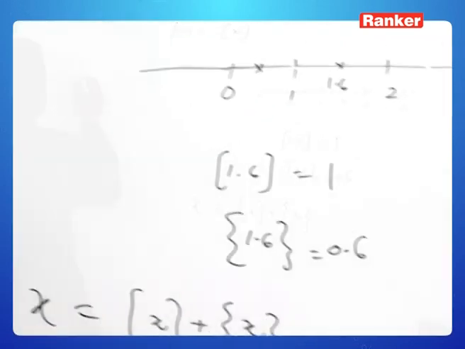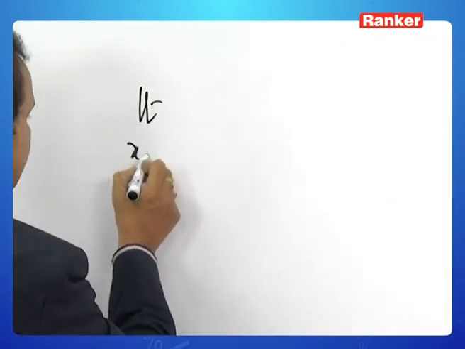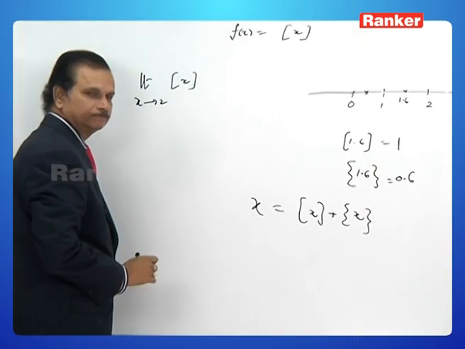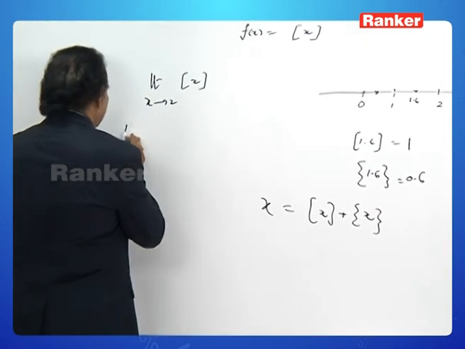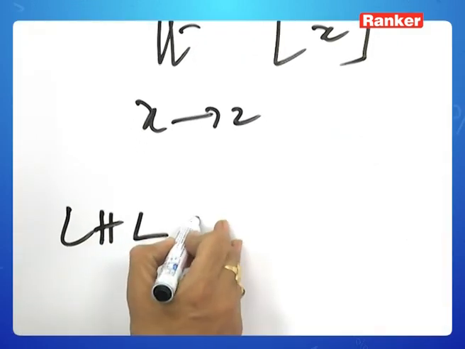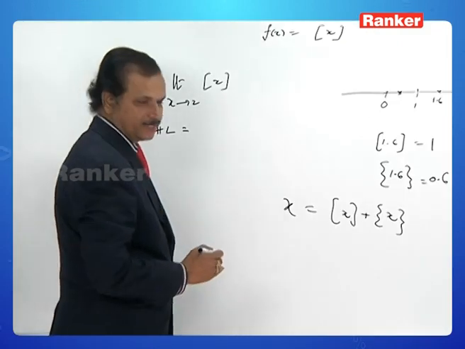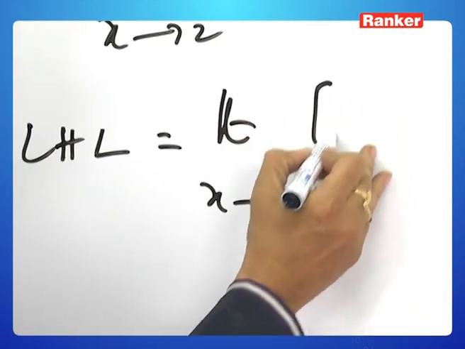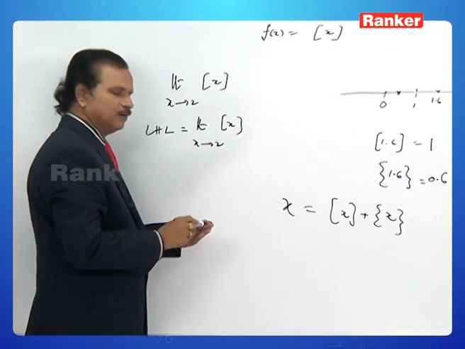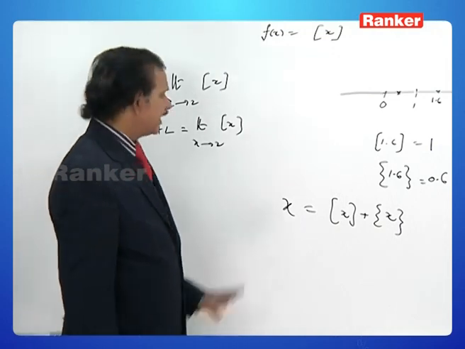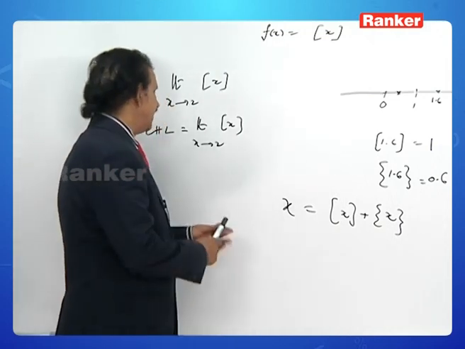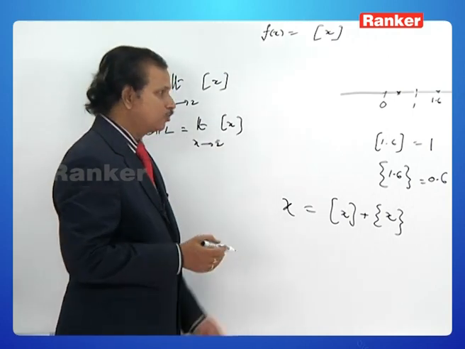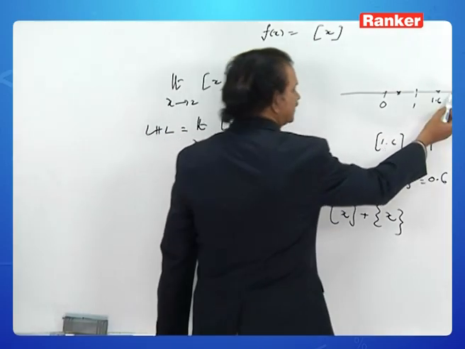Okay, what do you say about the limit as x tends to 2 of integral part of x? Let us see the nature of the left hand limit, that is, limit as x tends to 2 from the left of integral part of x. Without using many steps, we can read the answer directly. Where does x lie? To the left of 2, that is, less than 2.